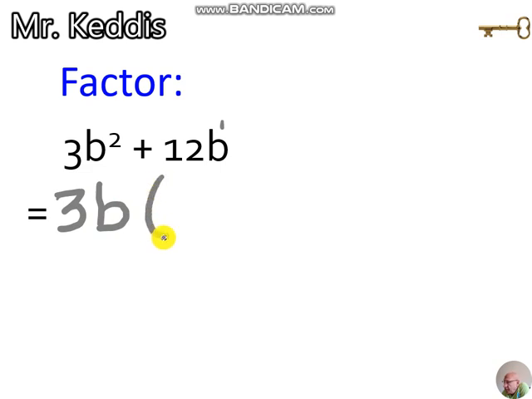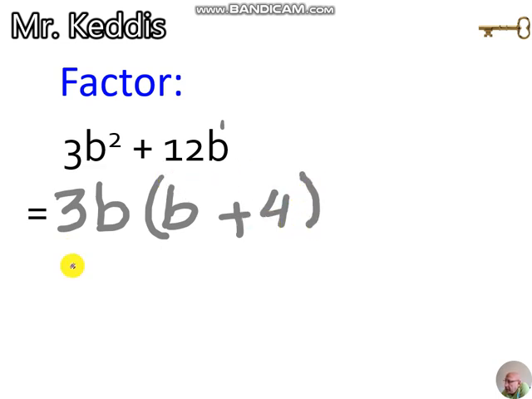Open bracket. 3b times what to get 3b squared? 3b times b. Plus 3b times what to get 12? 3b times 4, I get 12b.